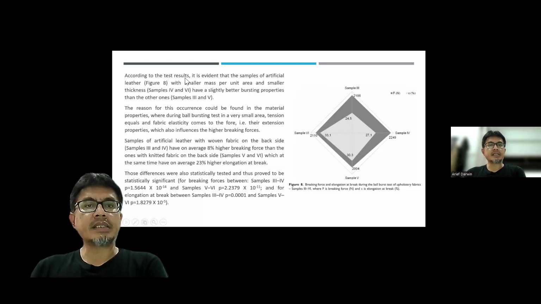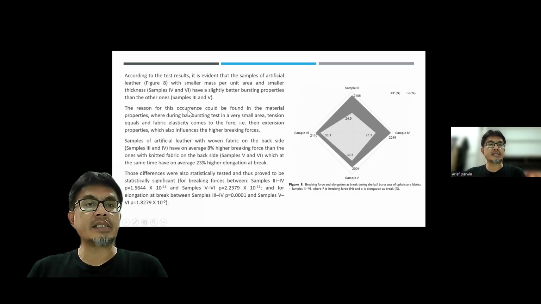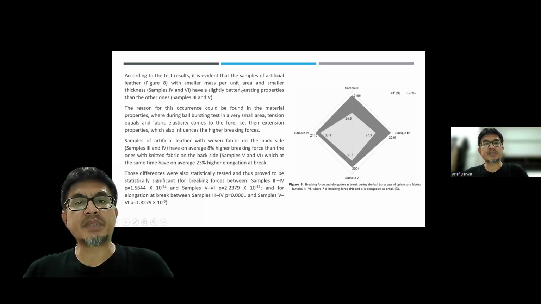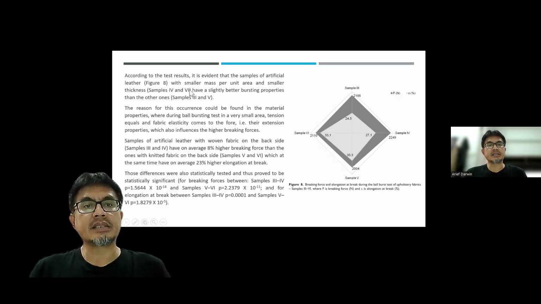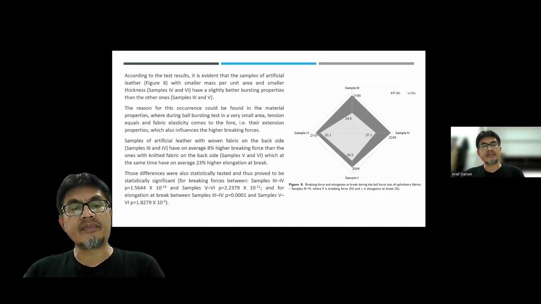According to the test result, it is evident that the samples of artificial leather with the smaller mass per unit area and smaller thickness, which are samples 4 and 6, have slightly better bursting properties than the other ones, which are samples 3 and 5.